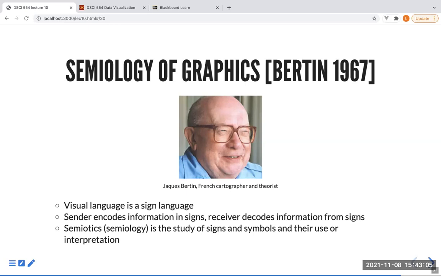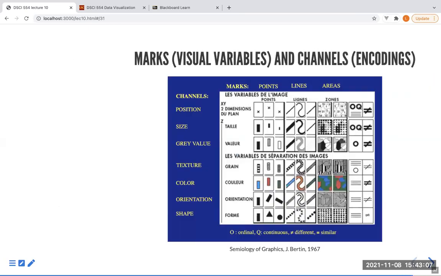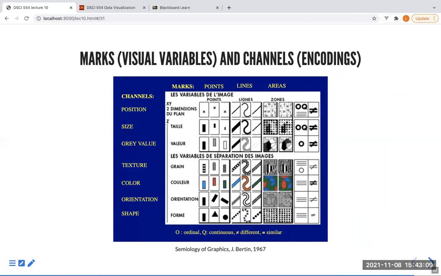So with that premise, what they did is work out a little bit what to use and when. The what is basically the marks. So what symbols are you using for encoding the variables, and those are usually called marks, or visual variables.